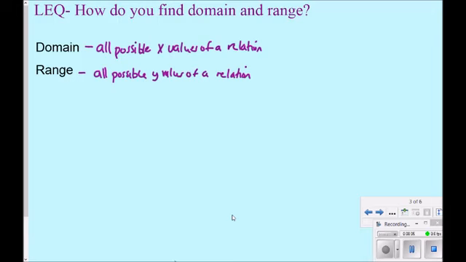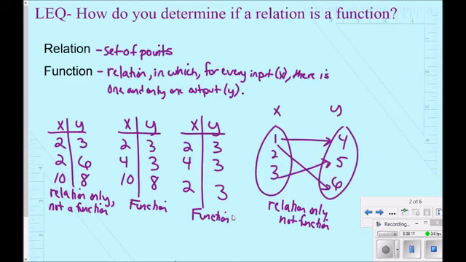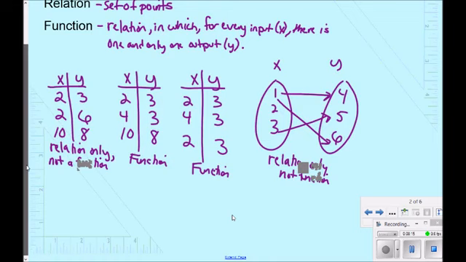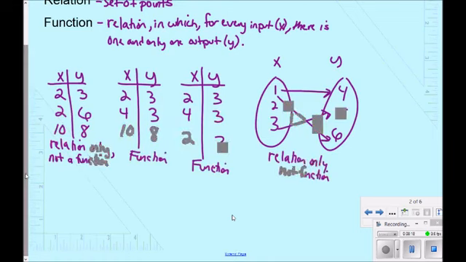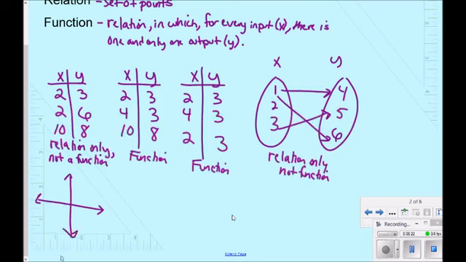Okay. Actually, I just remembered something. We need to go back. We did also look at determining relation or function if we were given a graph. So we better review that. I almost forgot. So if my graph, here's my xy coordinate plane, is, let's say, a diagonal line, and I'm determining whether it's a function or just a relation, I'm going to do something you learned called the vertical line test, which means I'm going to just draw some vertical lines or run a pencil or something vertical across my graph.